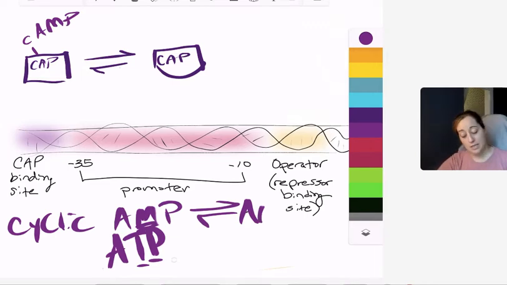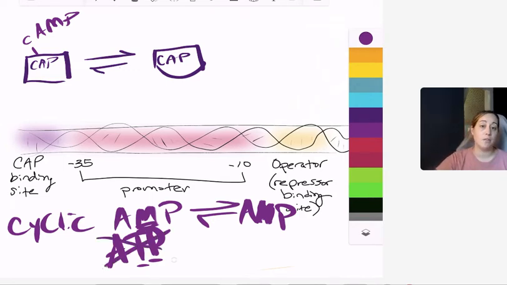AMP can be converted into cyclic AMP and back and forth. Cyclic AMP is just in particular used as a signaling molecule to show, hey, there's a lot of AMP in the cell, and so energy levels are low. We don't have a lot of ATP if we have a lot of AMP usually, because you're using that same adenosine and adding or removing phosphate groups.